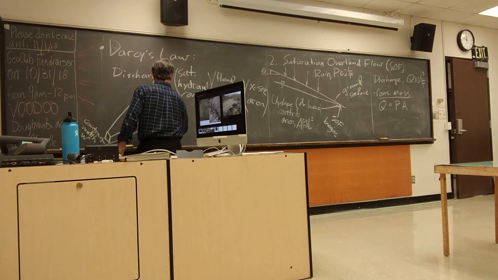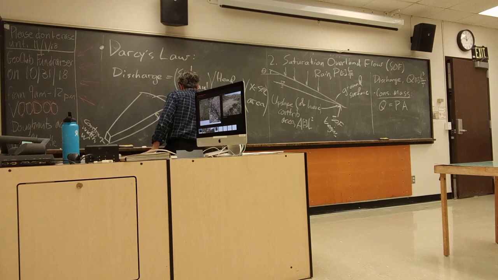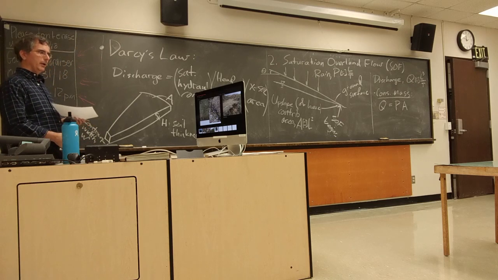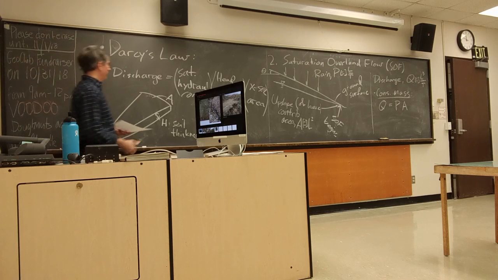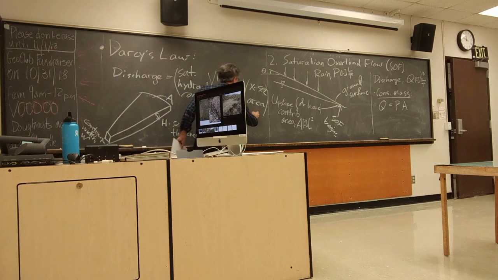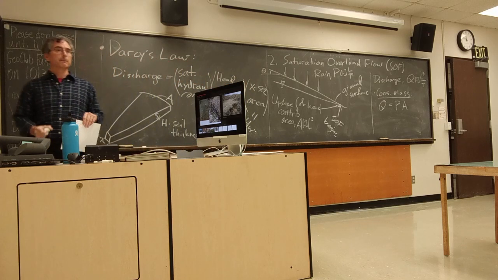I'll stick with our big H. And I'm out of time. But it's that H times W that's going to give us our cross-sectional area. And we'll go from there next time.